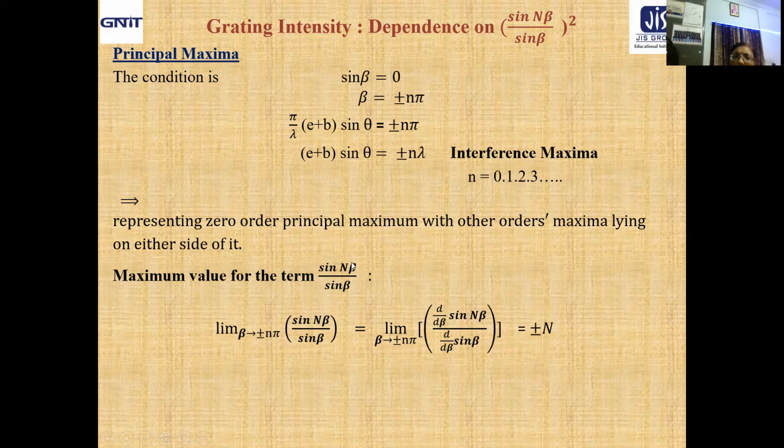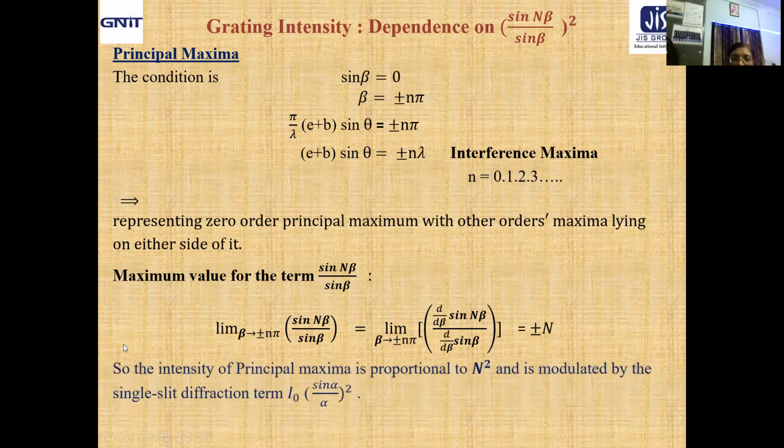So from sin n beta by sin beta, the maximum value in the limit of principal maxima we got as plus minus n. That means the intensity of principal maxima is proportional to n square and is modulated by the single slit diffraction term, that is I0 sine square alpha by alpha square.